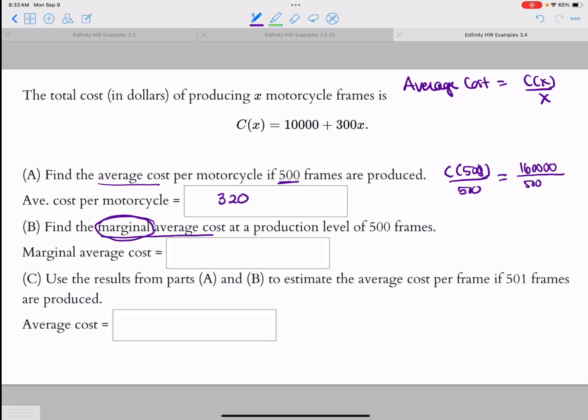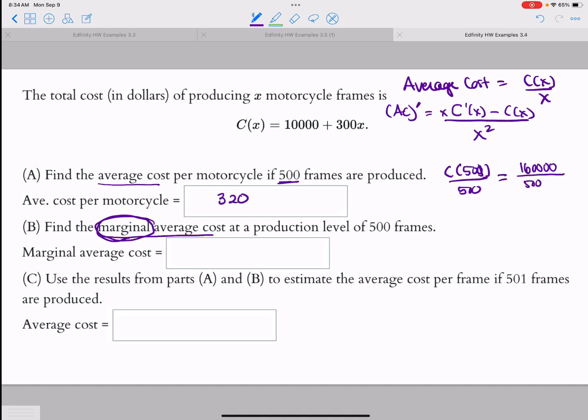Find the marginal average cost. Marginal means derivative, so I want to find the derivative of the average cost. So average cost prime is denominator squared, denominator, derivative of the numerator minus the numerator times the derivative of the denominator. Derivative of the denominator is 1, so I'm not writing that one.